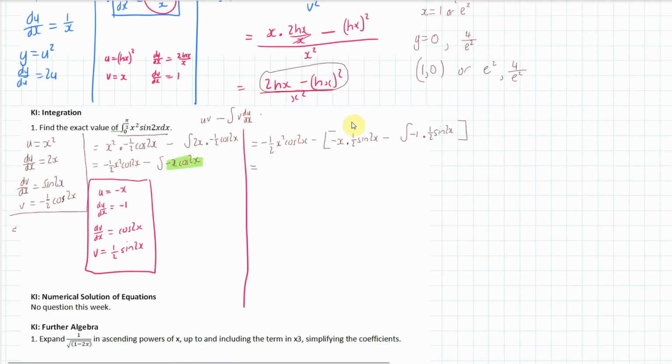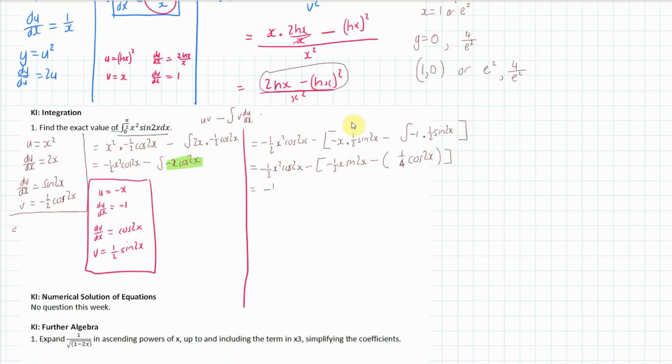And so the next line is negative 1/2 x squared cosine 2x minus, leaving this bracket open for a moment, negative 1/2 x sine 2x minus the next integral, which goes up to cosine 2x, so it should be 1/2, and I think it should be positive, yes.